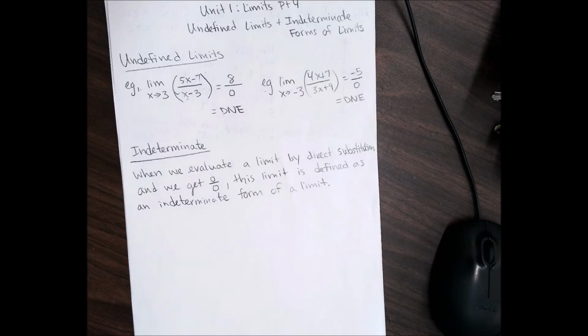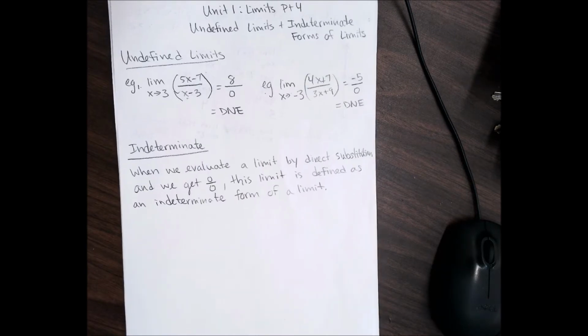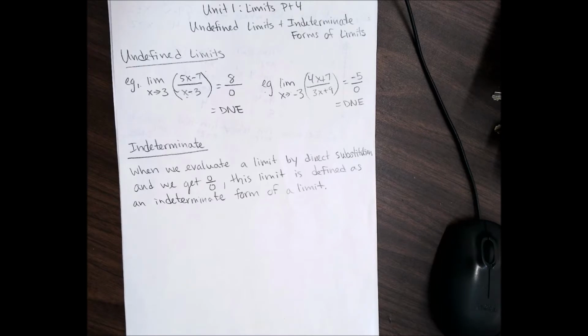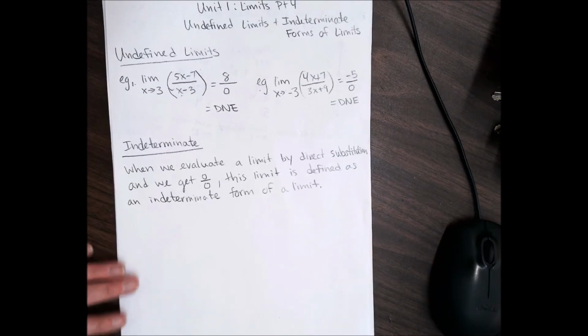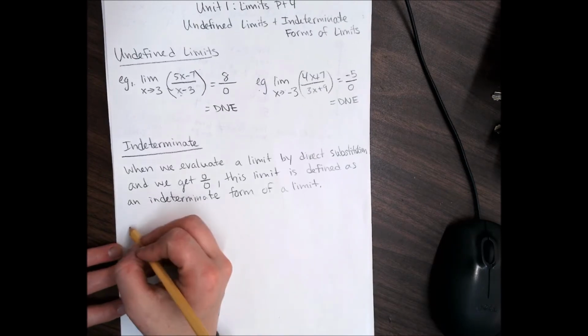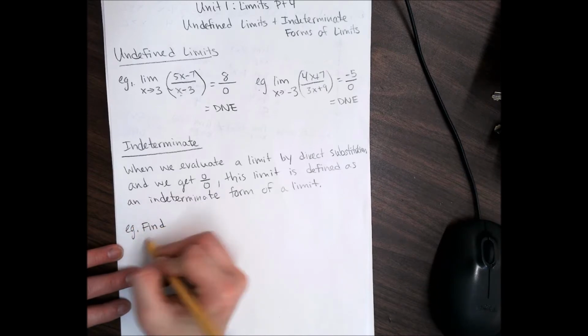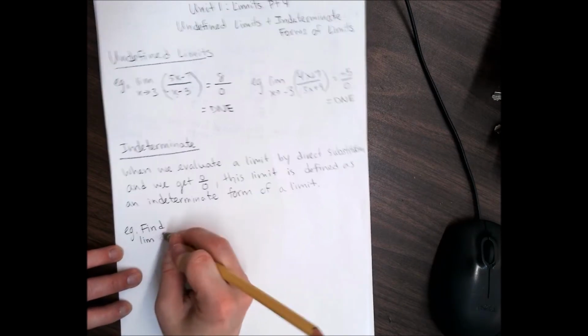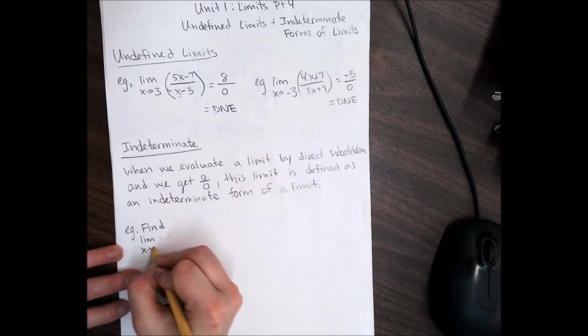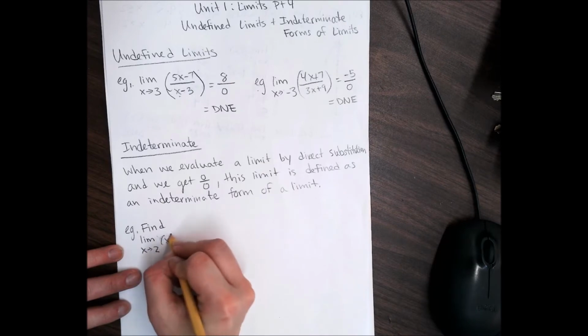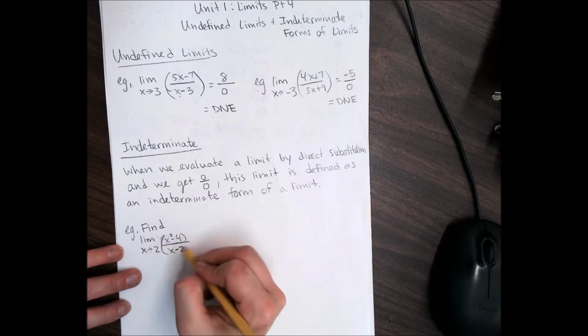So an indeterminate form of a limit is when you evaluate it and get 0 over 0, which doesn't tell us any information. So we can't just say it equals 0, we have to manipulate it and figure out what it equals. So, for example, find the limit as x approaches 2 of x squared take away 4 over x take away 2.